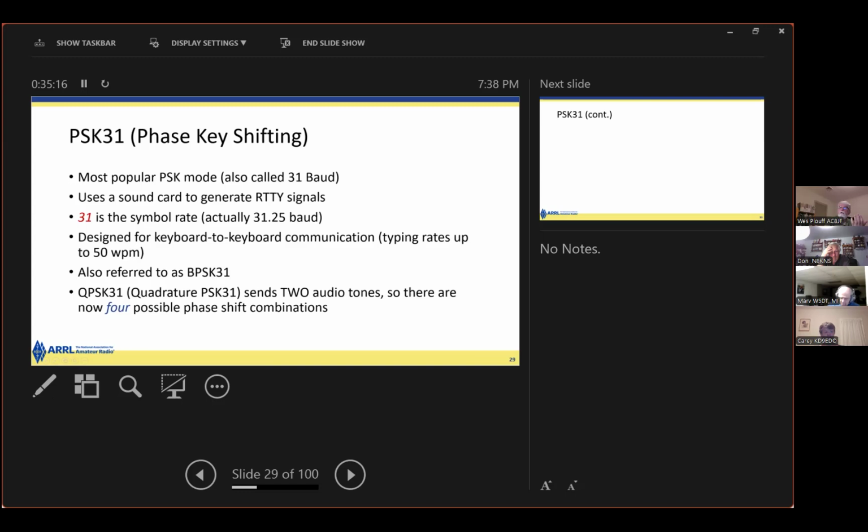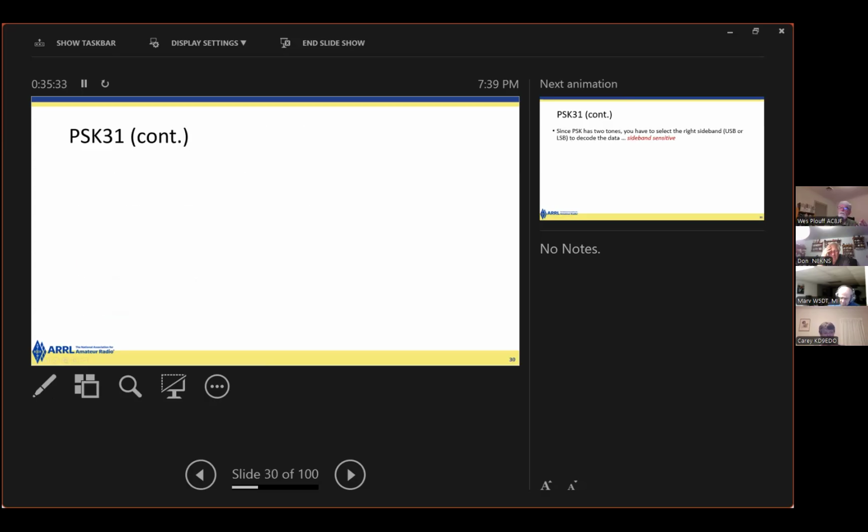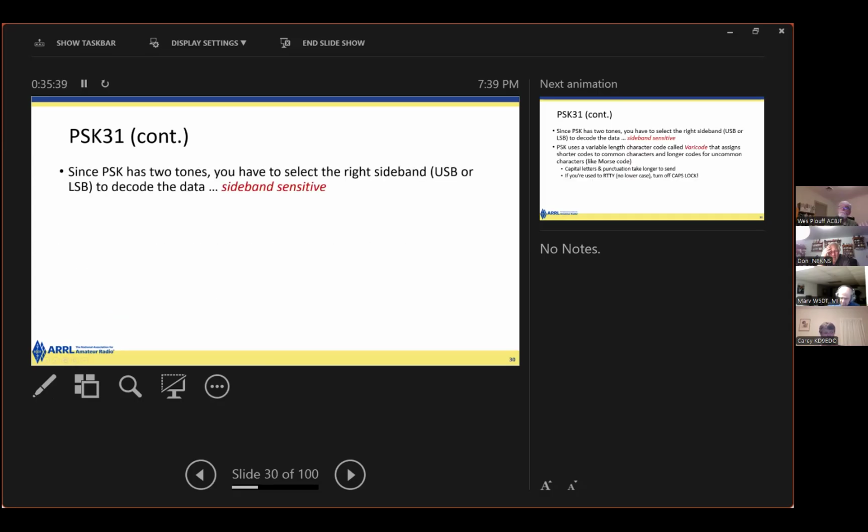So there are now four possible phase shift combinations, two for each tone, which means you can send 2 bits per baud. Or in other words, go twice as fast for the same bandwidth. Now, QPSK has about the same bandwidth as binary PSK.